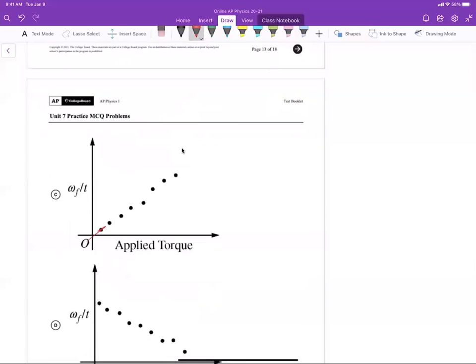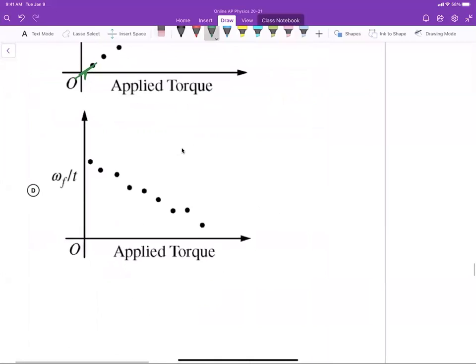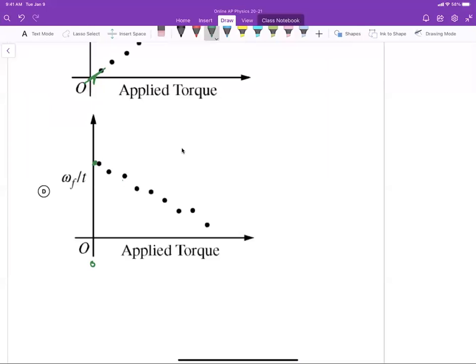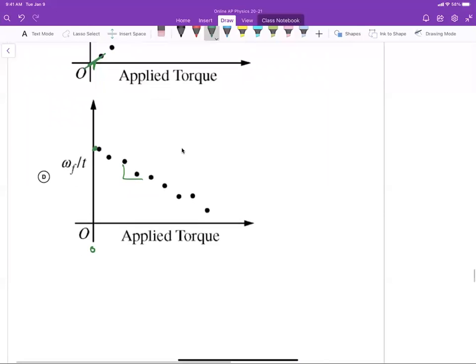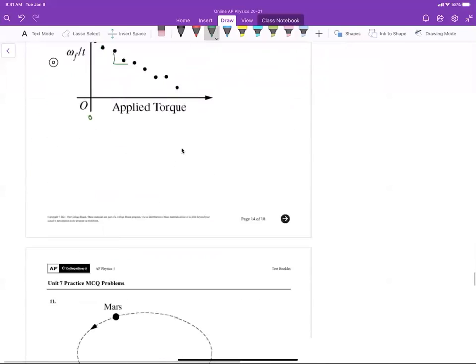In addition, this graph might make sense, except that they told us we had friction and it was considerable. And what this says is the nanosecond I put any kind of torque on it, I have acceleration. And then this one, obviously at 0 torque, why in the world would I have acceleration? And in addition, the more torque you add, the less acceleration you get. So that doesn't make sense.